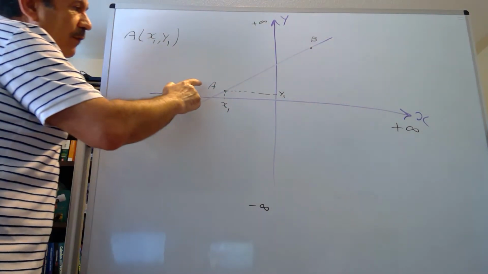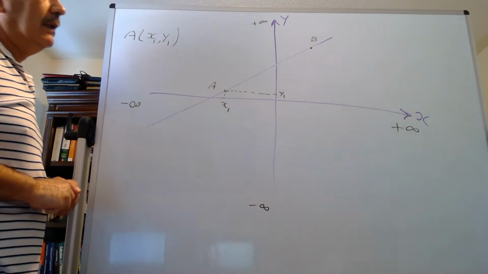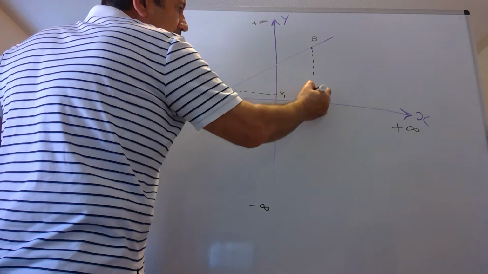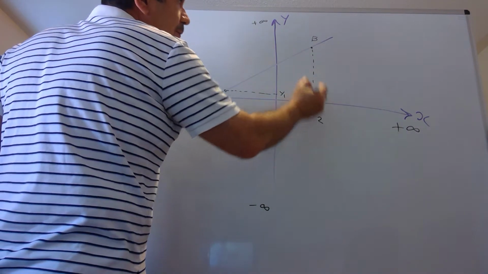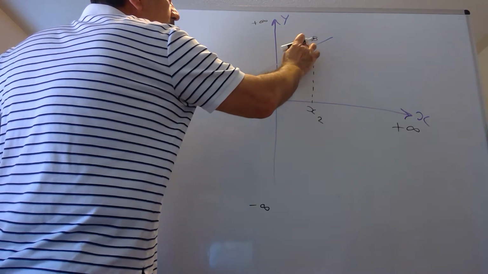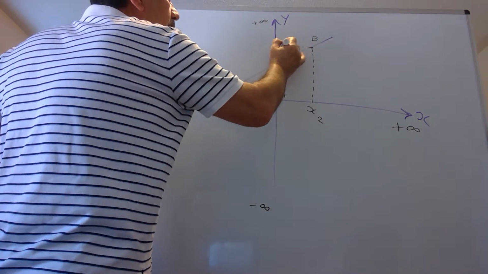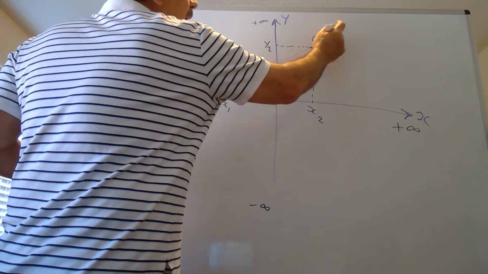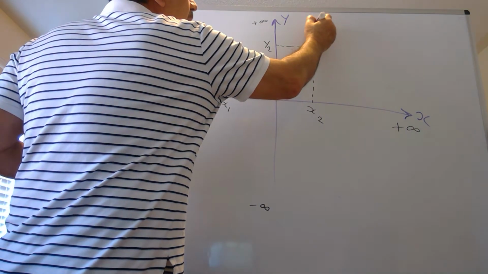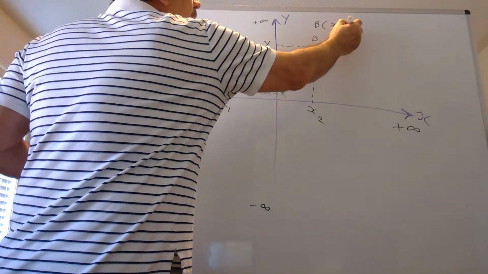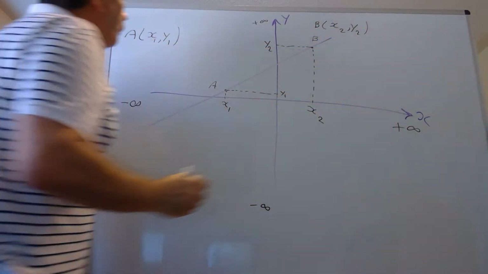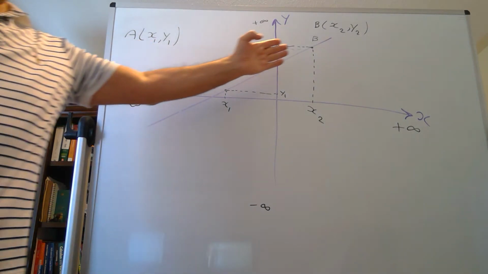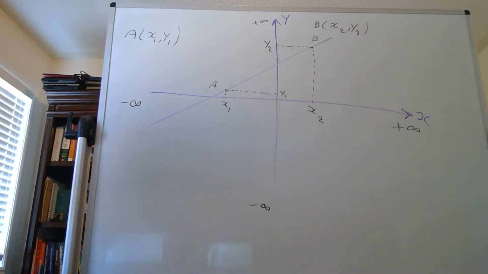What is the x of point B? It is here. I name it x2, and the y of point B is here, y2. So the coordinates of point B are (x2, y2). I moved from point A with coordinates (x1, y1) to point B with coordinates (x2, y2).